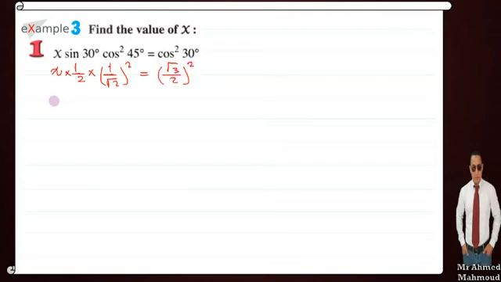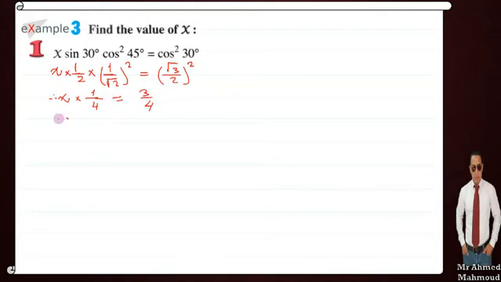Therefore x times 1 over 2 times 1 over root 2 all to the power of 2 equals 1 over 4, equals 3 over 4. Now I can cancel 4 with 4, or I can send 1 over 4 there to be divided.